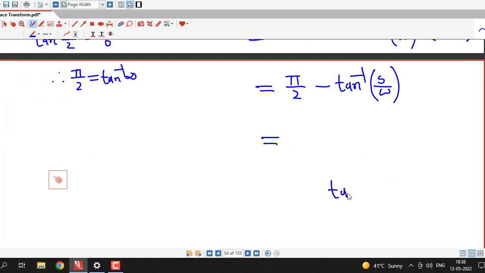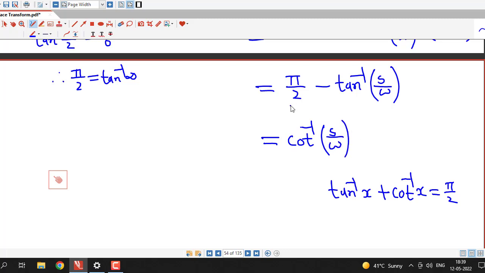And if we recall the property of addition of tan inverse and cot inverse, we know that tan inverse x plus cot inverse x is pi by 2. So if we have pi by 2 minus tan inverse x, we will have cot inverse x, and instead of x here the argument is s by omega.